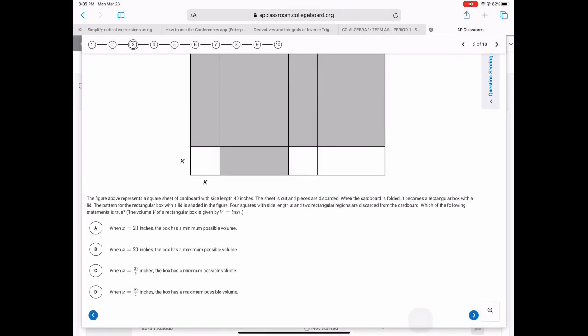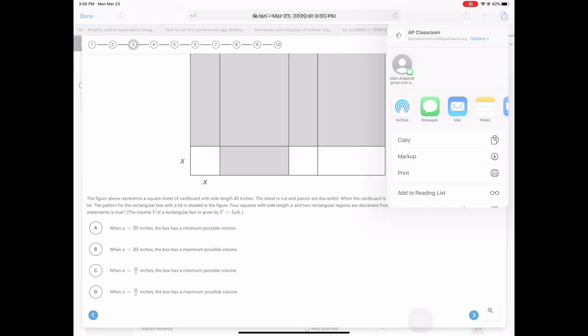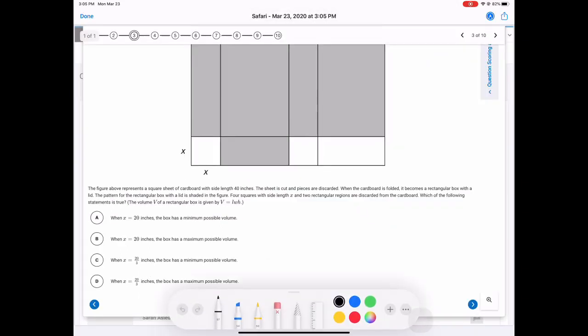So we said from before, 20 over 3 was a plus minus plus, right? So we have a maximum. No, we have a minimum.